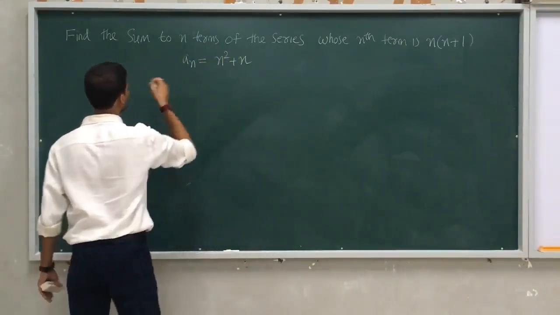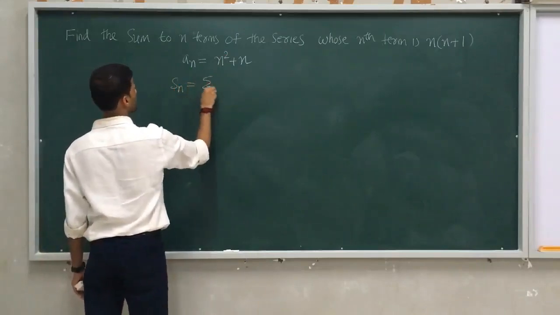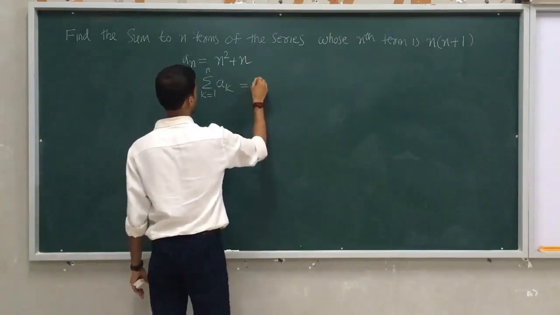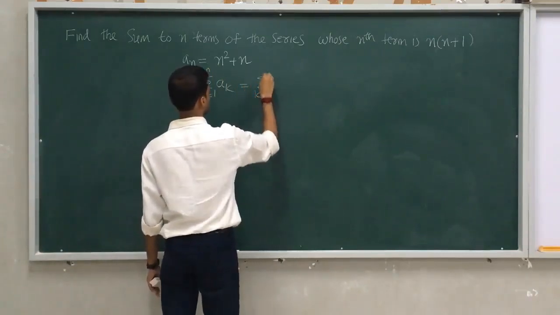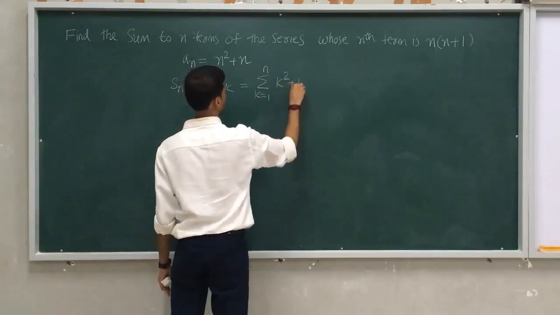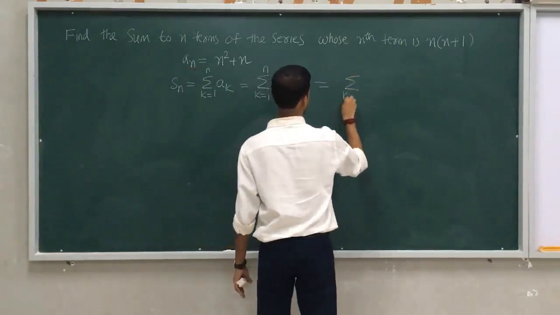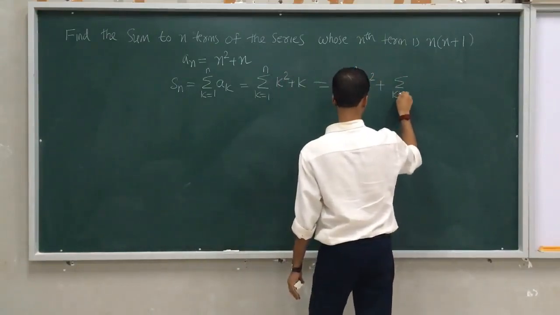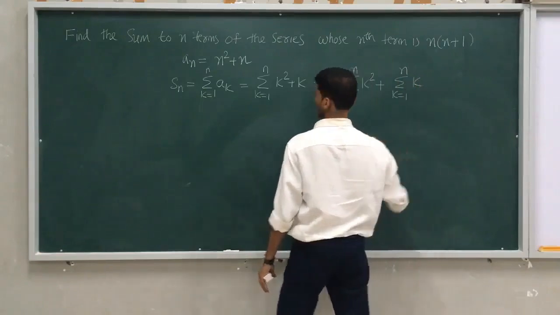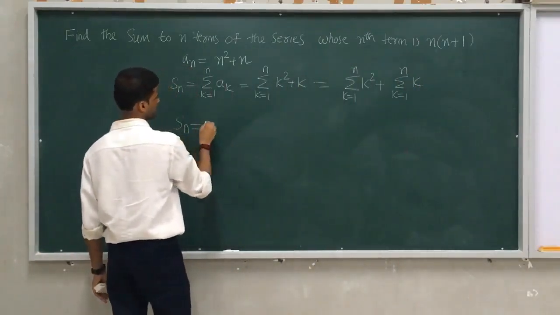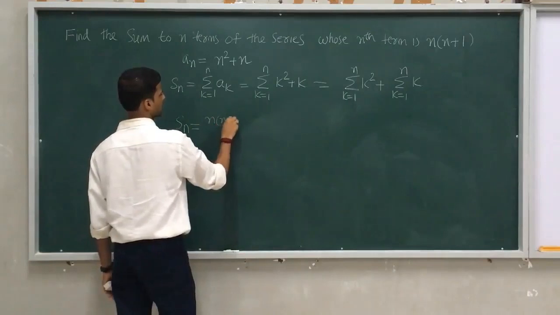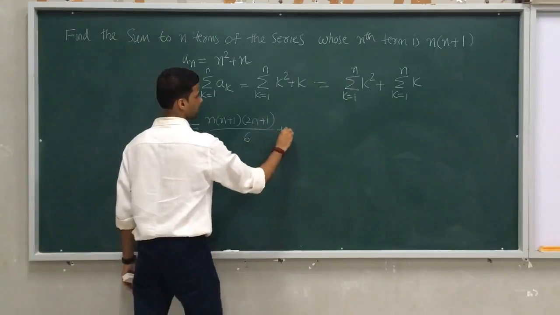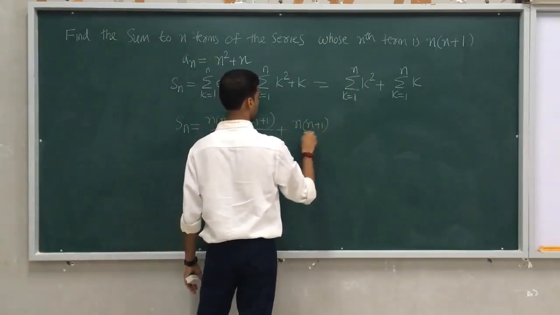Let me revise this. Sn is nothing but the summation of ak, where k is from 1 to n, which is the summation of k square plus k, from k equals 1 to n. I know this as the summation of k square plus the summation of k. Therefore Sn is equal to n into n plus 1 into 2n plus 1 by 6, plus n into n plus 1 by 2.